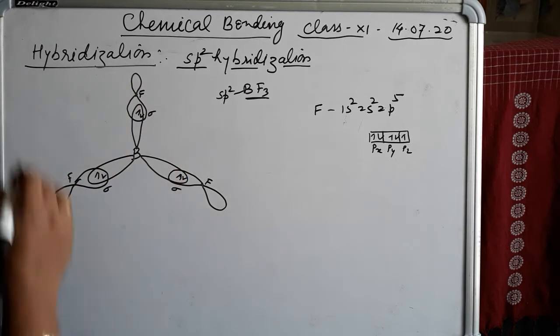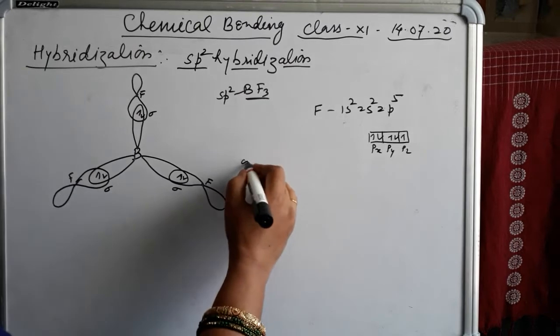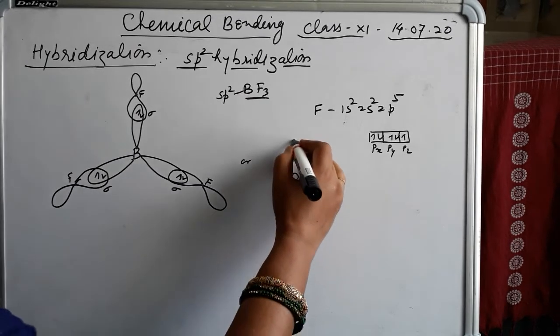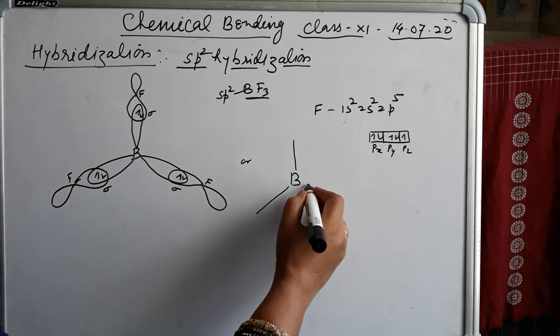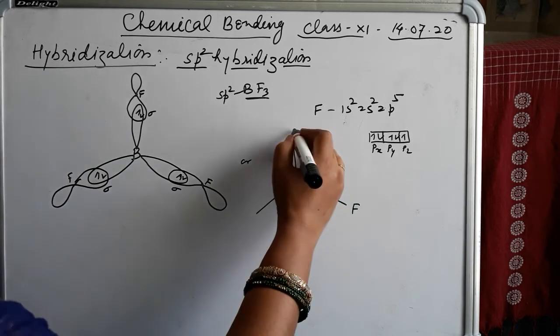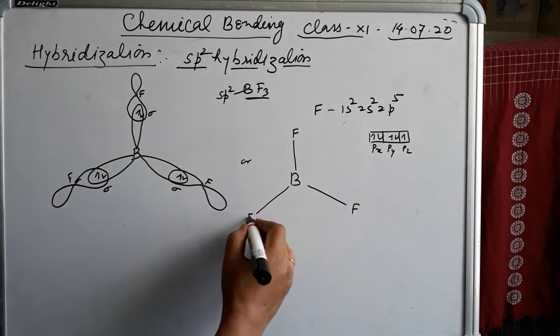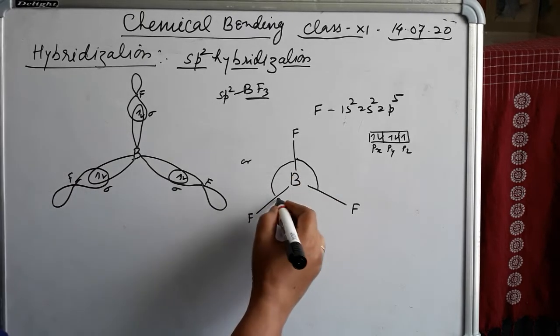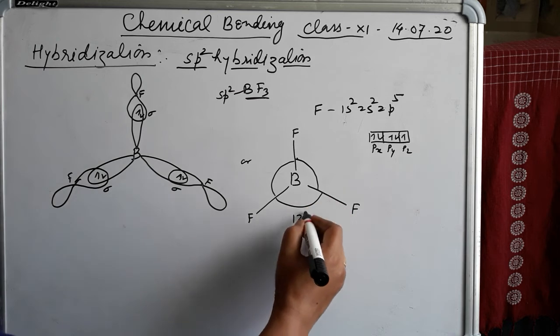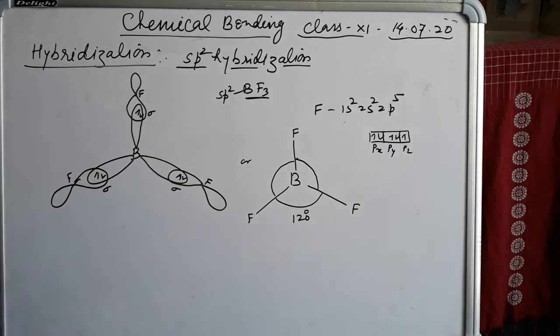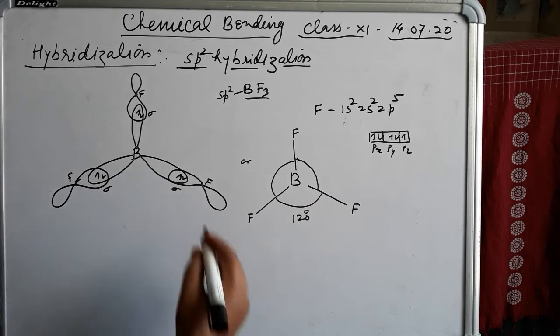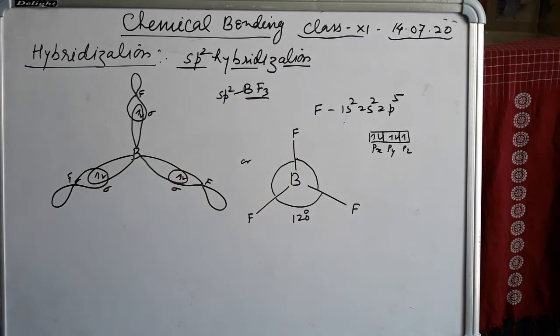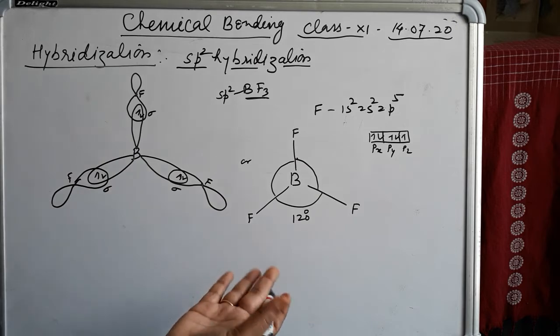In this way the formation of boron trifluoride takes place, and the bond angle is 120 degrees. Students, whenever molecules are sp2 hybridized, the bond angle is always 120 degrees, and their shape is planar.